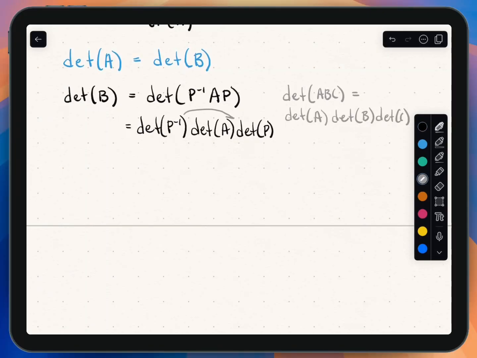So I'm going to put the P inverse on the other side here, because multiplication we can do in any order we want, because these are just numbers.